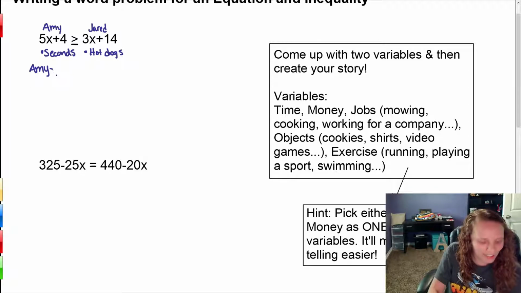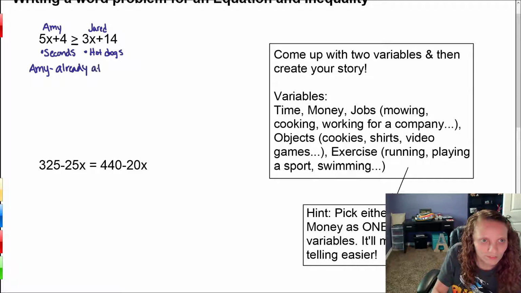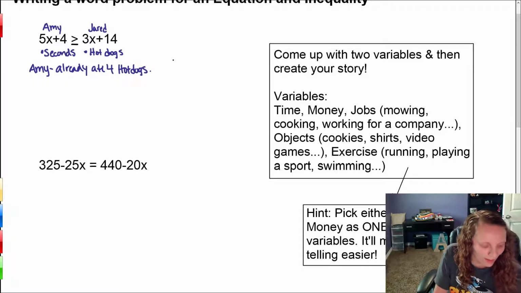Amy has already eaten 4 hot dogs, so that 4 is kind of where we're starting at. It's a one-time number. And she's eating them at a rate of 5 hot dogs per second. That is the number with the variable, and so it needs to be like a rate of change, repeating over and over.